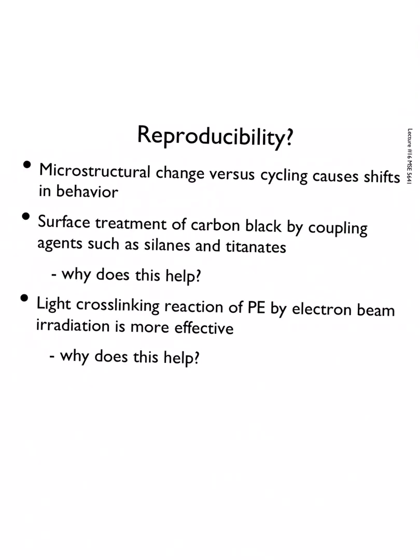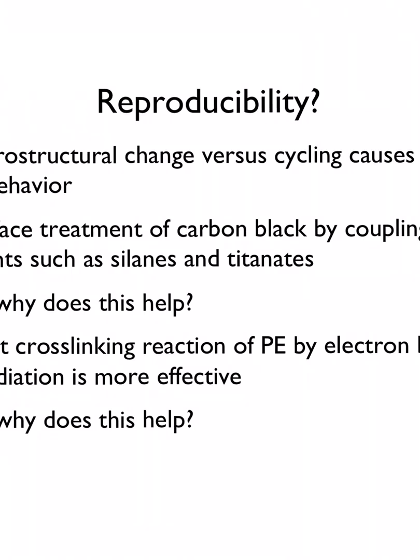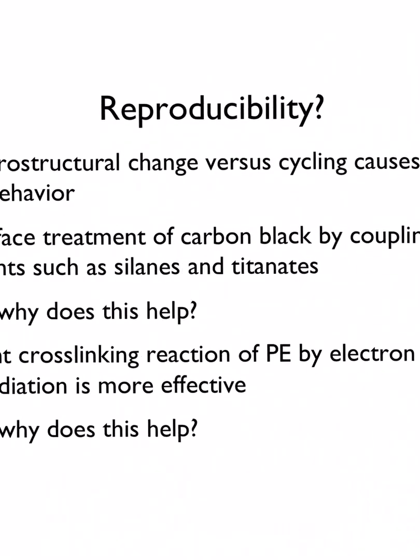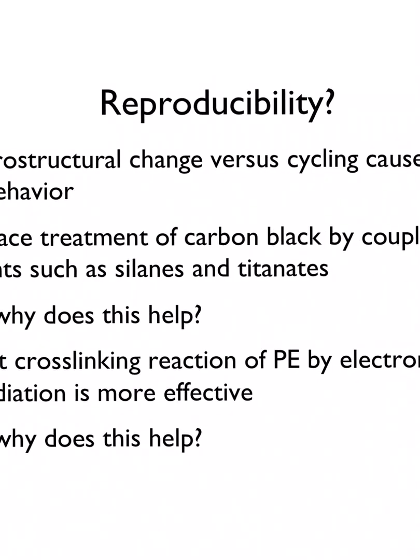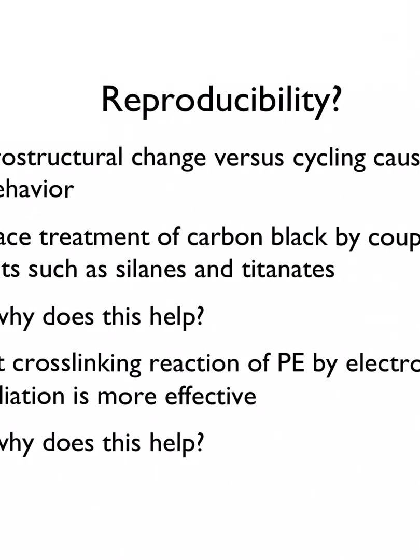All right, so let's talk about issues. And especially if you want something to cycle, we really have to worry a lot about reproducibility. What can happen is microstructural change versus cycling causes shifts in behavior. All right, so let's consider one factor that can be important here, and that's gravity.